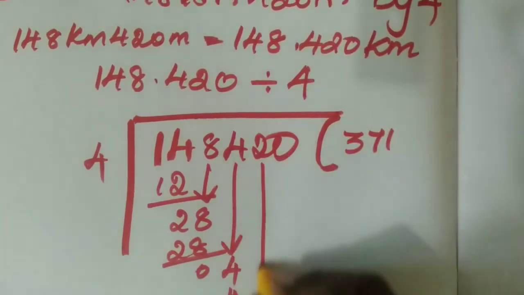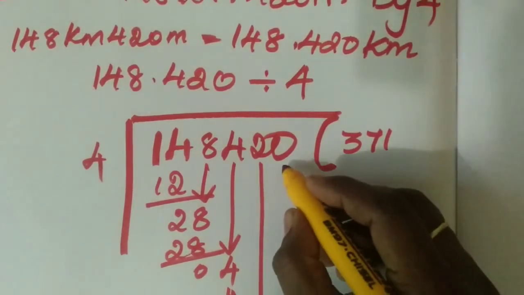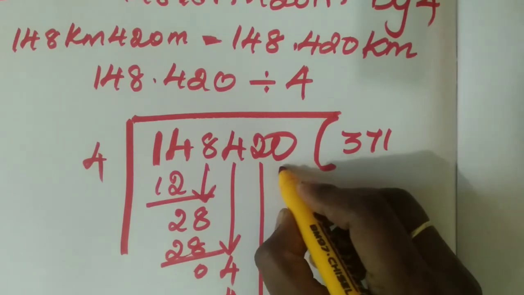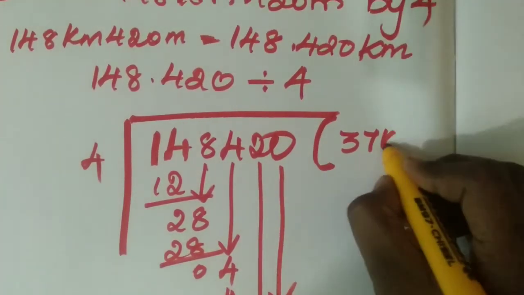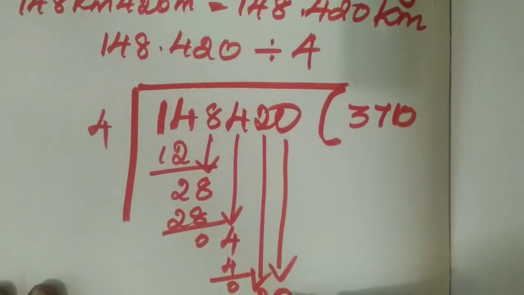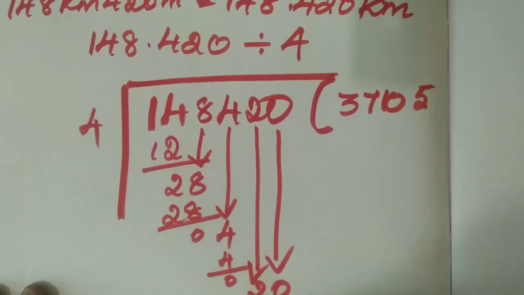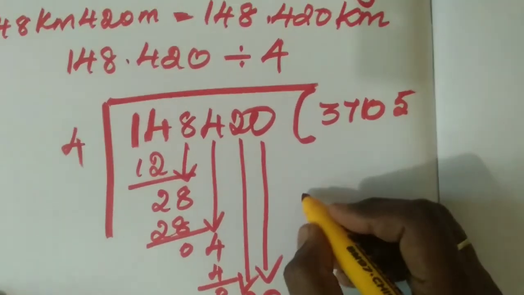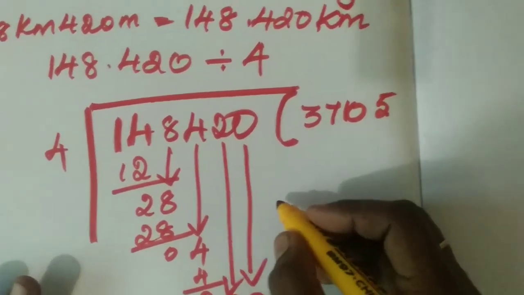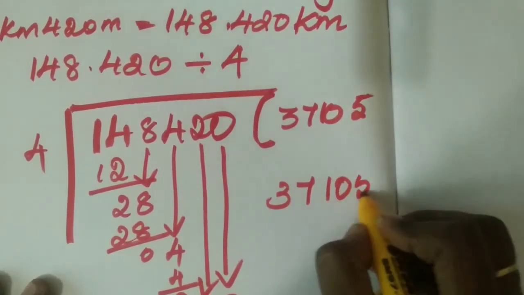Bring down this 2, 2 is smaller, so bring down the next number also. Use the 0 here. So 20, 5 4s are 20. So you will get the quotient as 37105. This is our quotient.